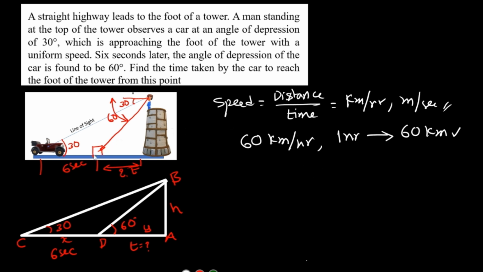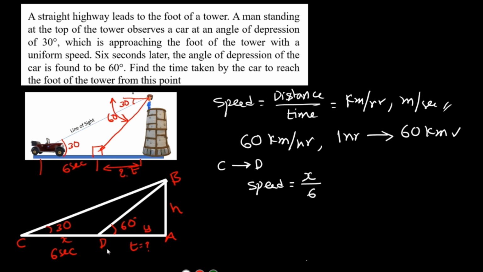Now let's calculate the speed when traveling from point C to point D. What distance did he travel? X. What is the time taken? 6 seconds. So the speed is X by 6.